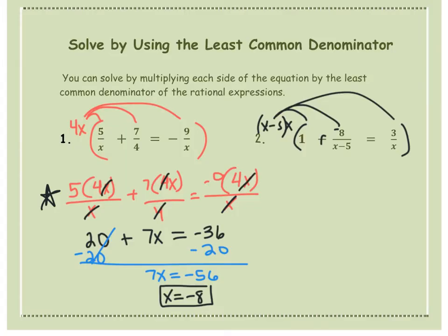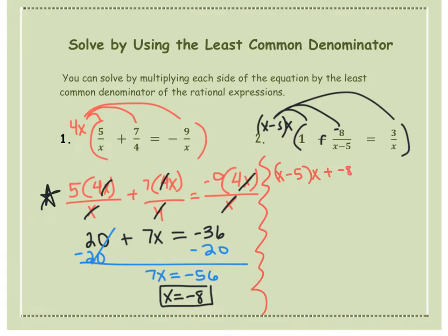So when I distribute that to the first number, I have x minus 5 times x because it's a 1. When I multiply to the second one, I had a plus negative 8.